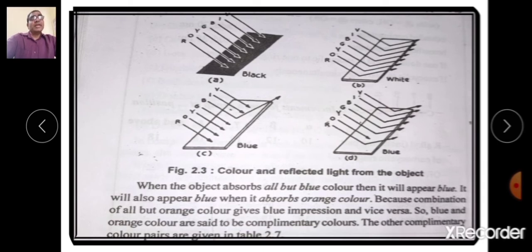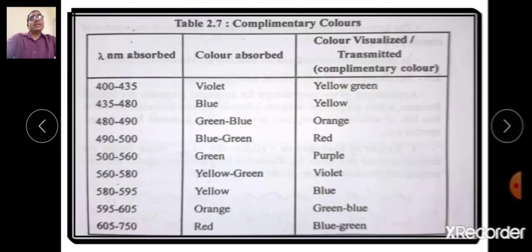Now sometimes complementary colors are also seen. Let us see what the complementary colors are. In the table, the complementary colors are given. For wavelength 400 to 435 nanometer, when it is absorbed, the violet color is absorbed, while the visualized color is yellow green. This is a complementary color.